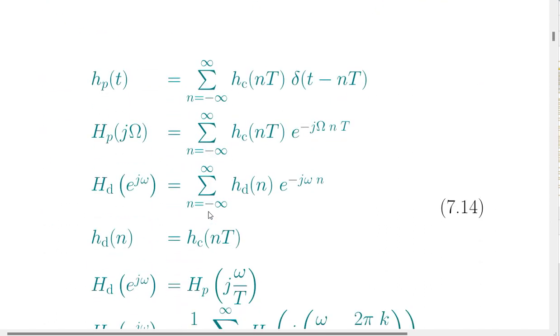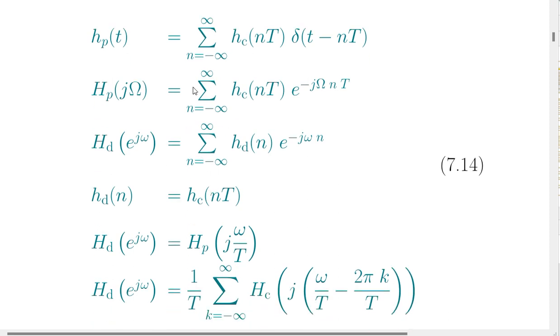Now, here we have shown the idea in mathematics. h_p(t) will be equal to the summation of h_c(nT_s) times delta(t - nT_s). Here you see the frequency response. H_p(j omega) will be equal to the sum of h_c(nT_s) times e to the power of minus j omega nT_s.